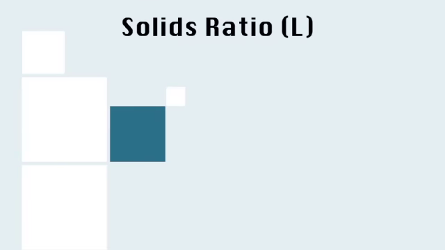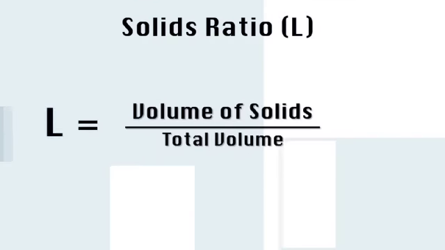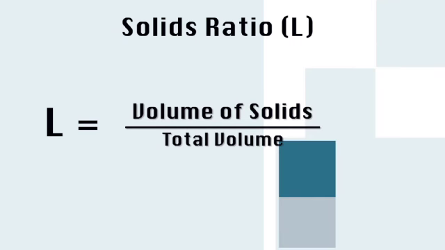Now, the solids ratio, which sometimes could be referred to as the degree of interlock of the particles, the symbol for the solids ratio is L. And that is the volume of the solids over the total volume. So it is that fraction of the total volume which is actually made up of solids.